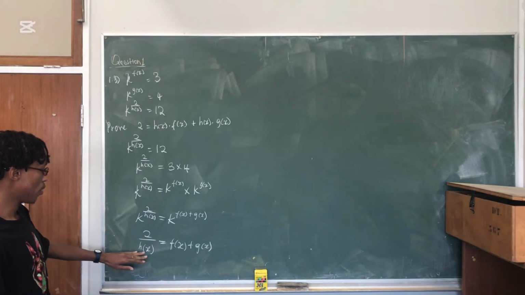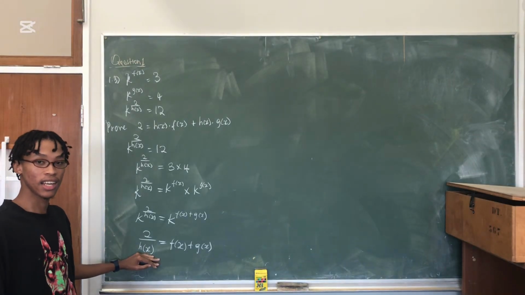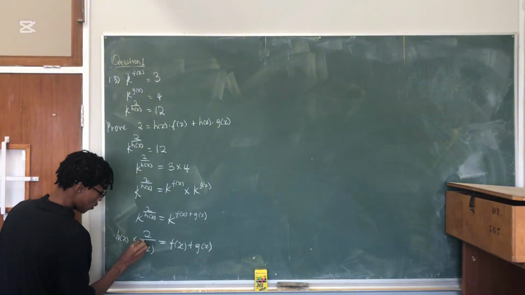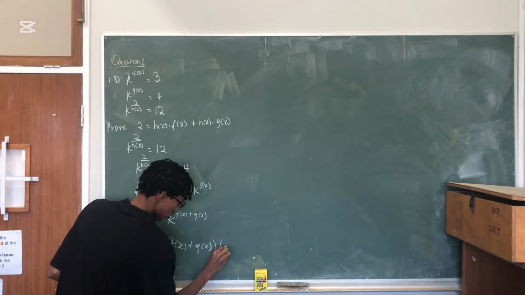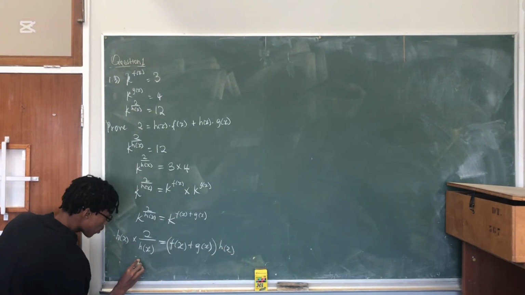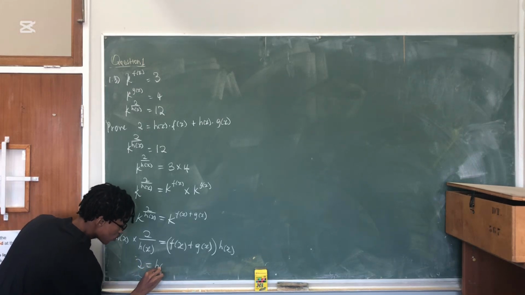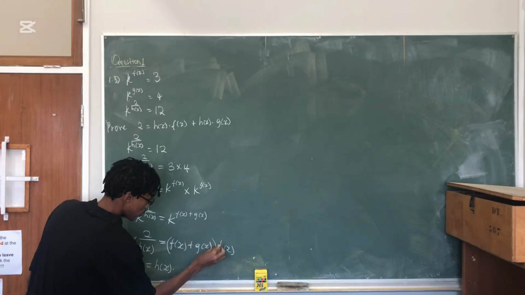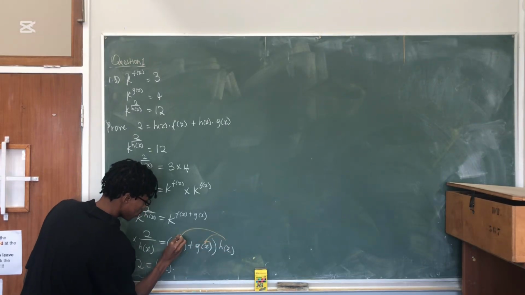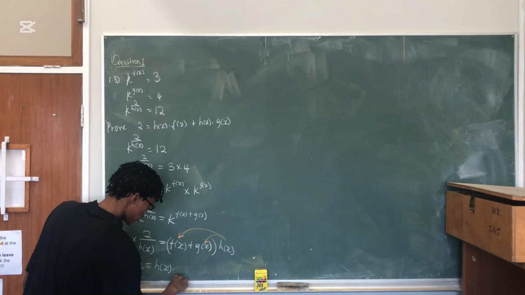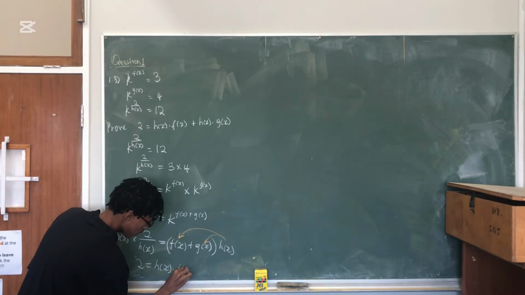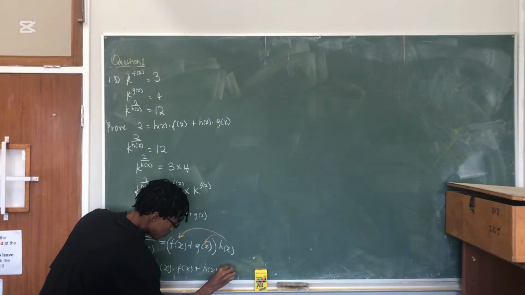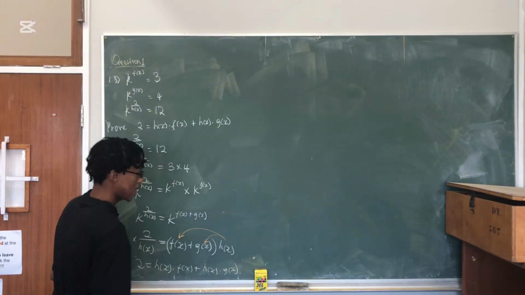So from here, we don't want h of x as a denominator, so we're going to multiply it out by h of x, so that we have our 2 being equal to h of x multiplied by f of x plus h of x multiplied by g of x. We have proven.